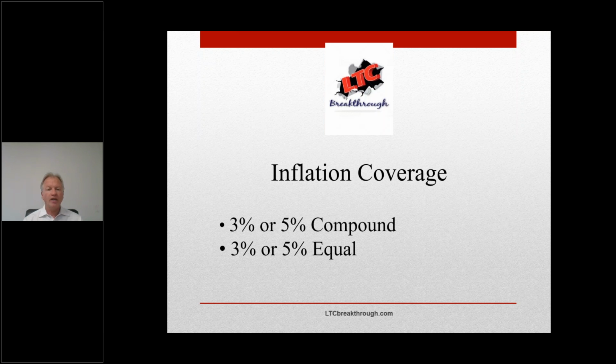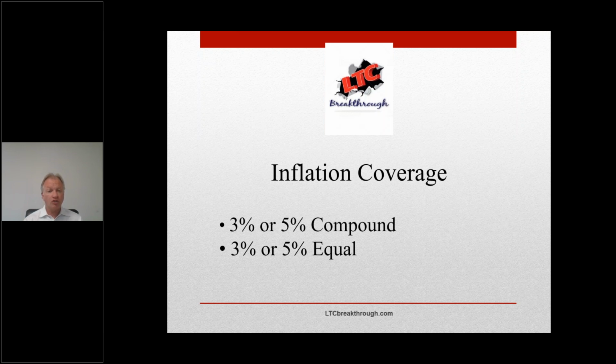Now, why is inflation important in a long-term care insurance policy? Well, because if you buy a policy today, you may not need that policy for 10 or 20 years before you actually need long-term care. Now, we know that long-term care services are very expensive. However, what they cost today will not be what they cost 20 years from now.